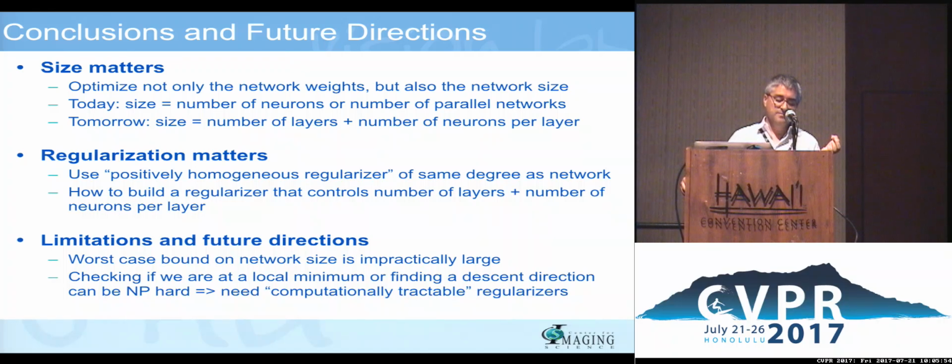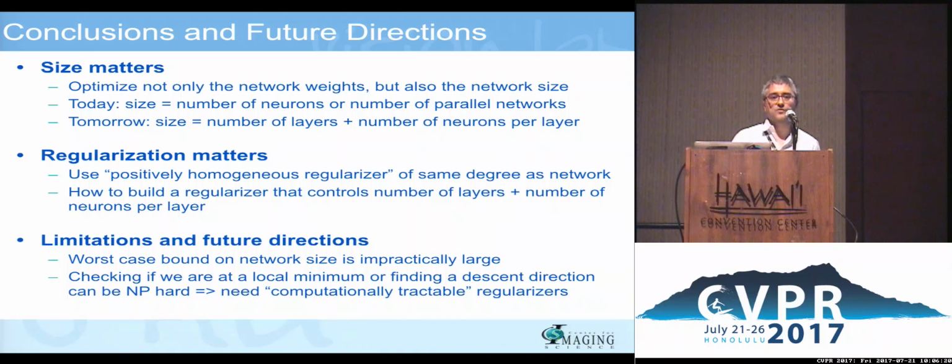And I think this framework provides the tip of the iceberg by just telling you how to optimize when you just have to add 1 neuron at a time. The second message of this lecture is that regularization matters. And in particular, these sums of positively homogeneous types of regularizers are what show up. And more importantly, the degree of the regularizer has to match the degree of the network.